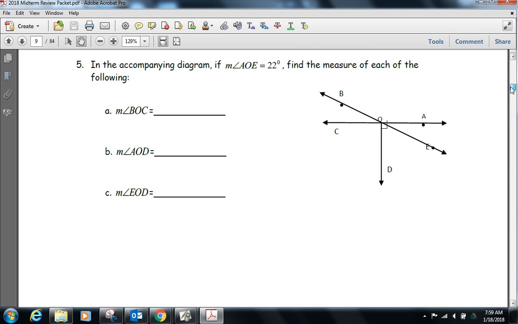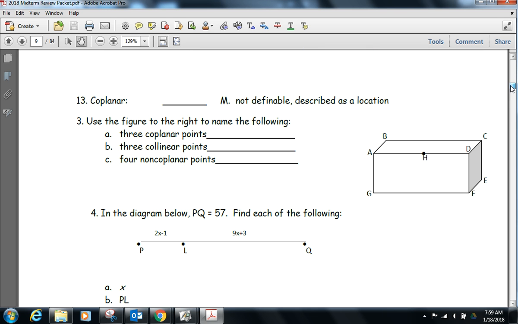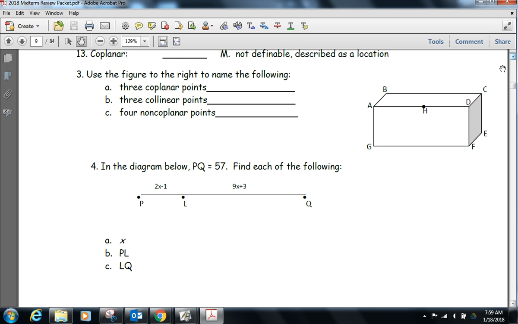Page 9, 3C. I feel like we went over this one. Maybe it's another class. It's fine. I'll go over it again for young Nate. Ready? Non-coplanar. Can't be on the same plane. So you could give me 4 points. 3 of them could be on the same plane, but as long as that other one's not, it's not. So here you go.